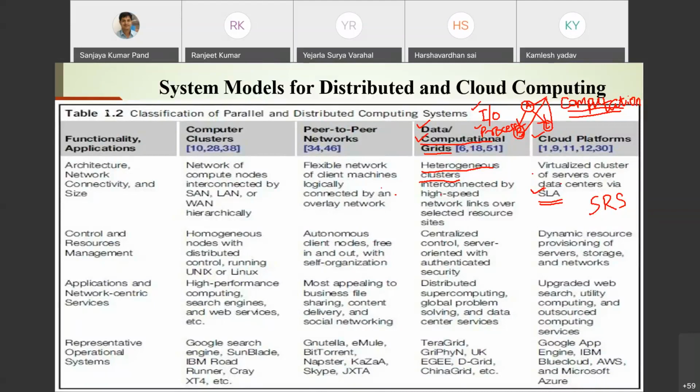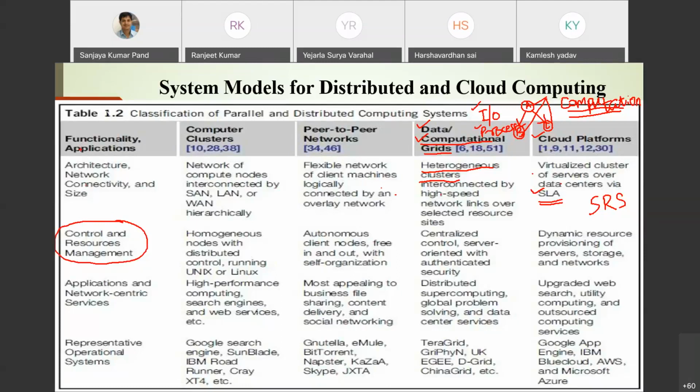If there is a conflict between the cloud user and the cloud provider, then the SLA document will be reviewed. Based upon that, it will be decided whether the cloud provider is having issues or the cloud user is having issues, right? Similarly, you can compare these systems with respect to control and resource management, how the resources are managed, because they are in terms of millions and billions. How can you manage them?